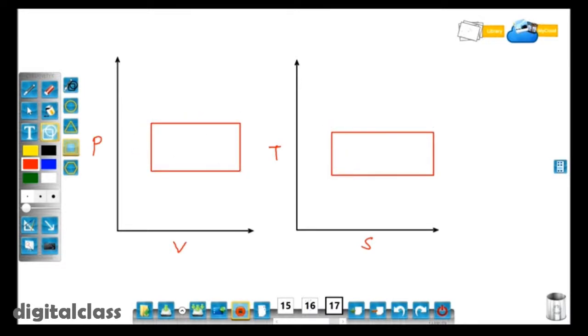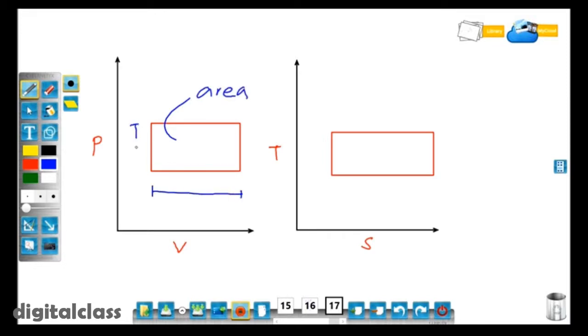If we draw a rectangle, that is a cycle, so here the area on a PV diagram is nothing but length into height, or P into V. Similarly, the area under the TS diagram is nothing but T into S, that is entropy into temperature.